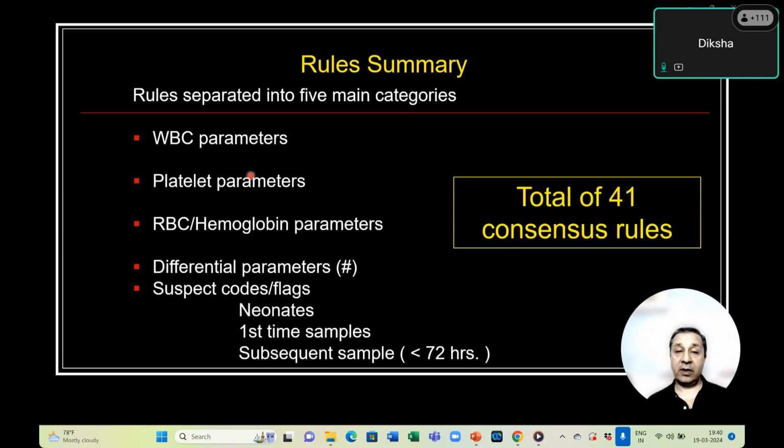And out of all the parameters, the rules finally were within these five categories. You had the WBC parameter rules, the platelet parameter rules, RBC and hemoglobin parameter rules, differential parameter rules, and of course the suspect codes and flags, including the neonates and the first time samples, which were looked into. A total of 41 consensus rules, as I just mentioned, was something that the group came up with after deliberations for over 2 days.